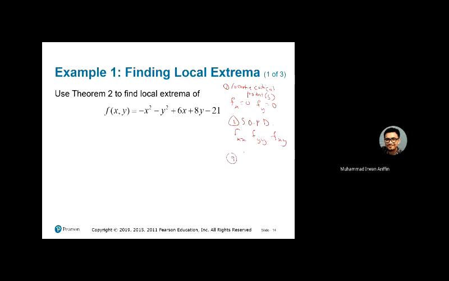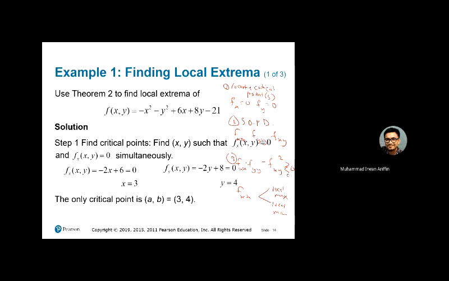Then step number 3, you need to evaluate f sub xx multiplied with f sub yy minus f sub xy square, check whether it is greater than or less than 0, and then check f sub xx, and decide whether it is a local max or local minimum. You also need to decide whether it is a saddle point or whether the test failed. As simple as steps 1, 2, and 3. So I'm going to leave this example to you.